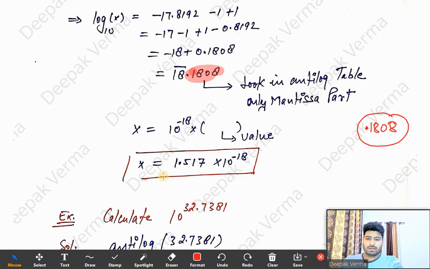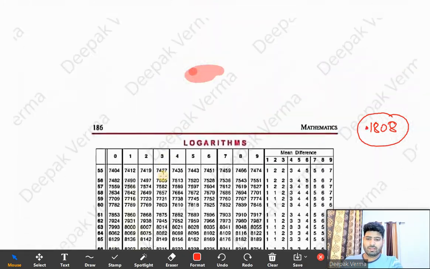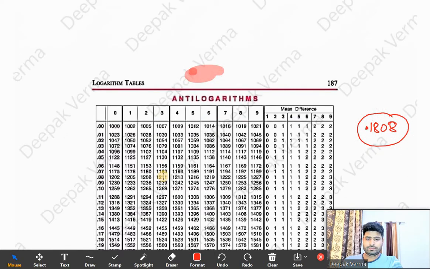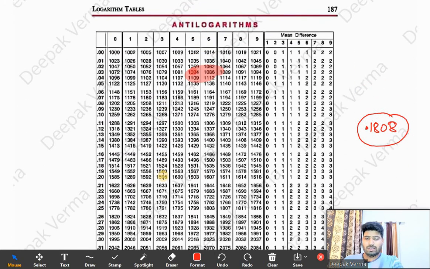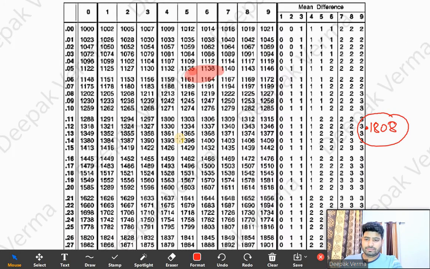Okay, I have an antilog table. Let's go there. So this is how an antilog table looks. We need 0.18. I can magnify it so that it will be clearly visible.